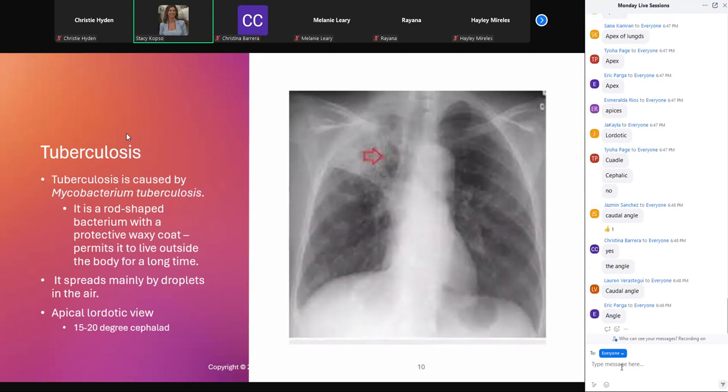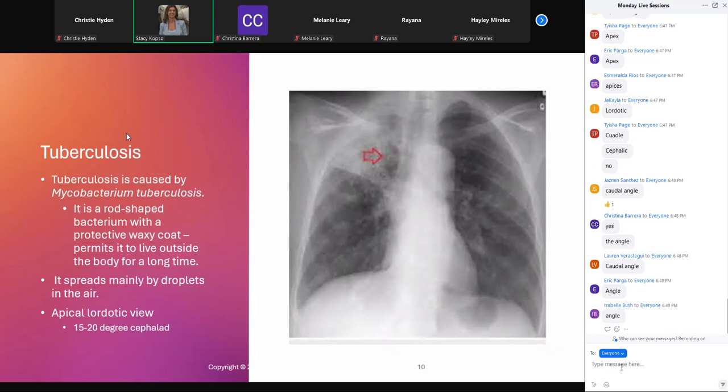Yeah. Remember, for any body part, you're going to memorize it a certain way. You need to know what position your patient's in for the way you're memorizing it. So if you're ever memorizing apicolordotic as 15 to 20 cephalad, and then on the test, they flip the patient and they say the patient's in a PA, you're going to go the opposite. You're going to go caudad.